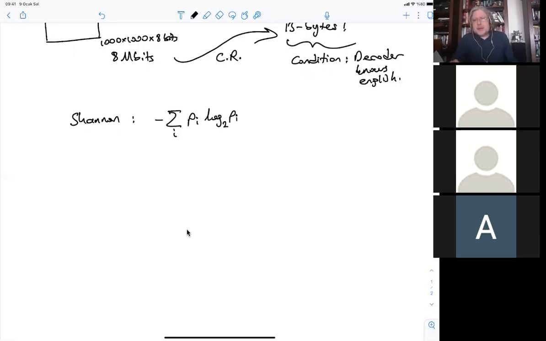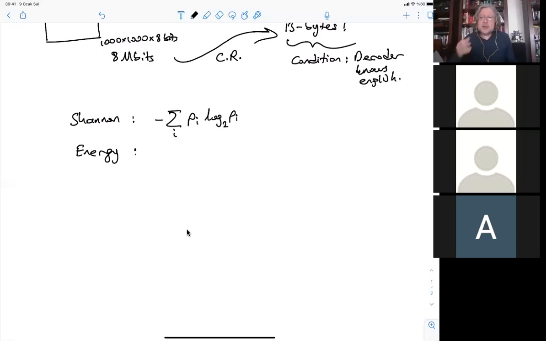But the entropy, you may also know from other disciplines, for example, from physics or chemistry, that there is also something called entropy, which is more related to actually energy. And it's usually for continuously varying information.